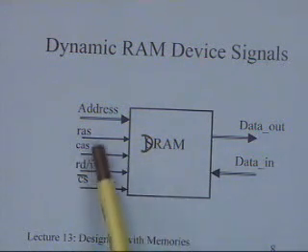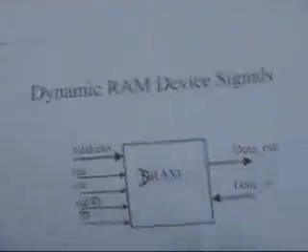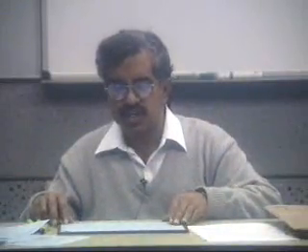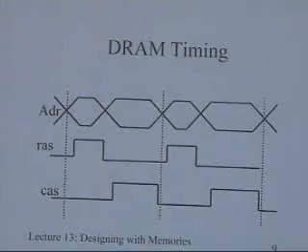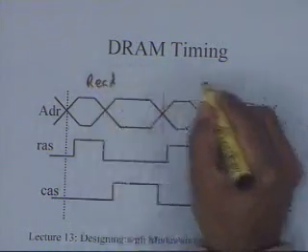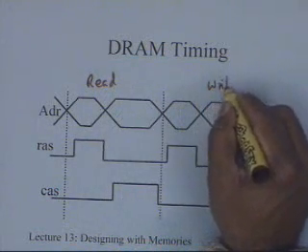So now you have these additional signals, and how the timing of these signals are related. I am showing again a bus cycle, a memory cycle. Let us say it is a read cycle and it is a write cycle.